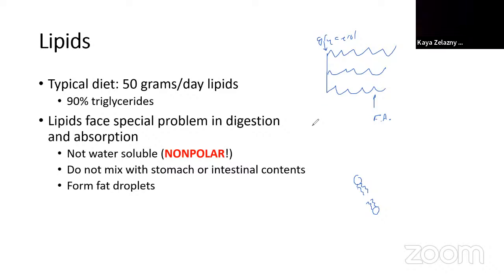So they're not going to mix well with the contents of the stomach or the intestine, and they're going to stay in these big lipid globs. We can't take a whole big fat glob into a cell, they're too big. So these fat droplets pose a problem, and we're going to first need to figure out how to physically break apart a fat droplet in order to even get started breaking down the individual molecules.